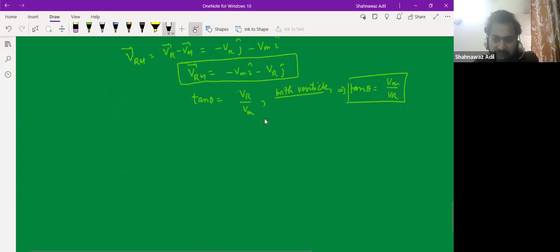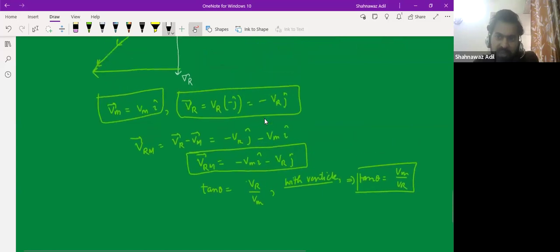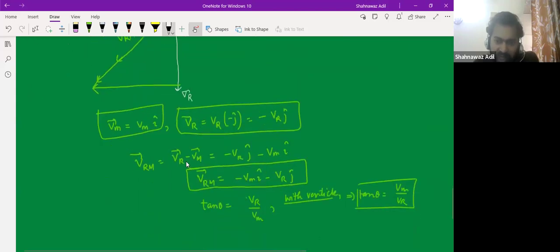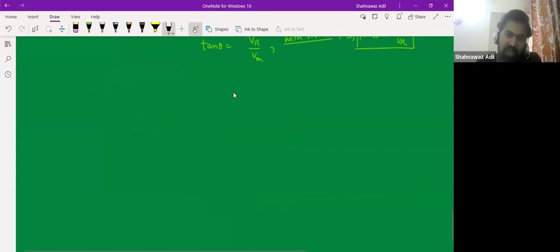You have to just remember that in a rain-man problem, we have to use the idea of relative velocity. And then you have the river crossing problem. In the river crossing problem, you have to use the idea of resultant of vectors.